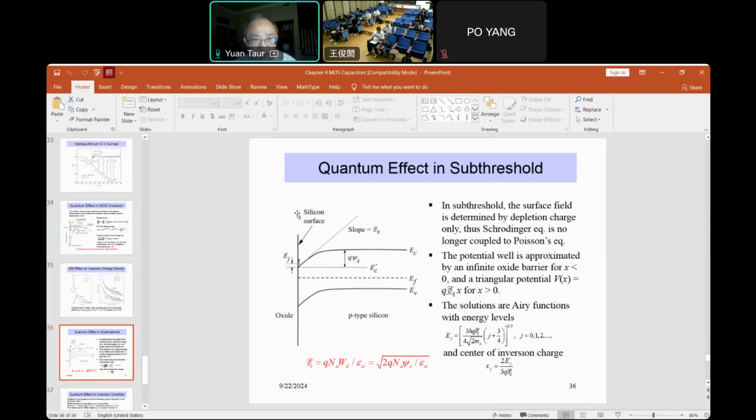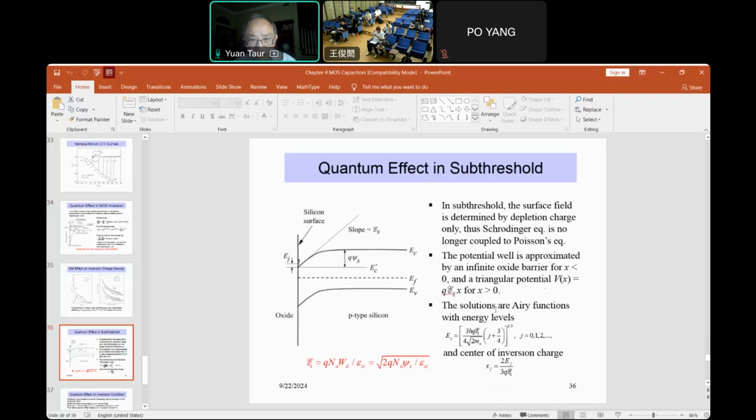On the left is the oxide barrier, which goes very high, and on the silicon side is this constant slope. Okay? So in this case, the potential function for the Schrödinger equation is like this, where ES is solved from the Poisson equation in subthreshold.